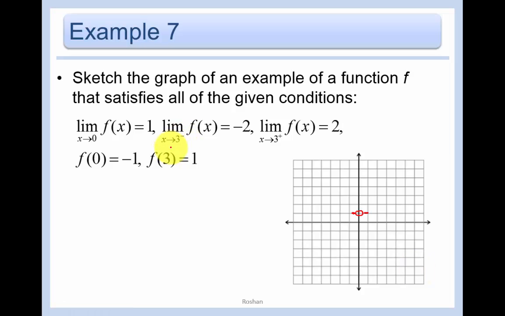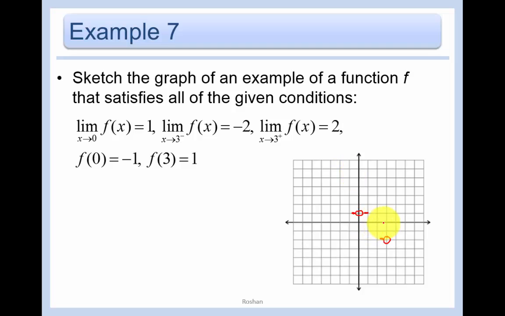Now, as x approaches 3 from the left, so that's 1, 2, 3, my y is approaching -2. So that's right here. Again, I'm going to put an open circle there, but I'm just going to put a left tail because this is only happening from the left-hand side here. And actually, from the right-hand side, it's approaching 2.